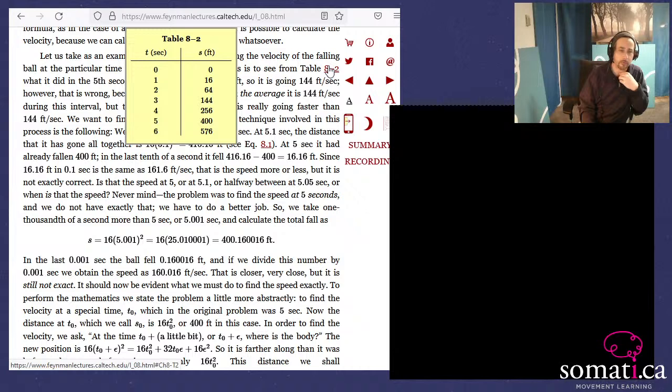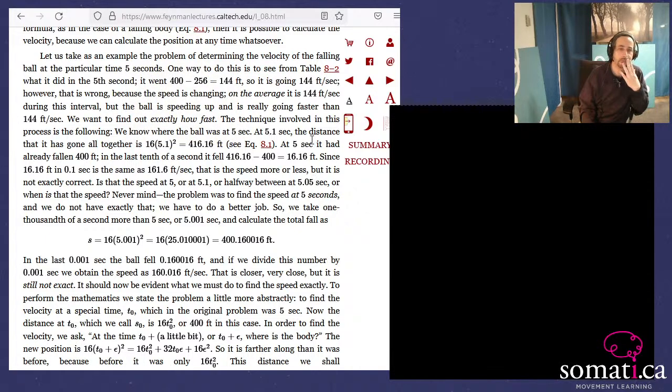So in second 5, okay. At second 0, it's at 0. Second 5, it's at 400. So time is equal to 5 seconds. Displacement is equal to 400 feet.